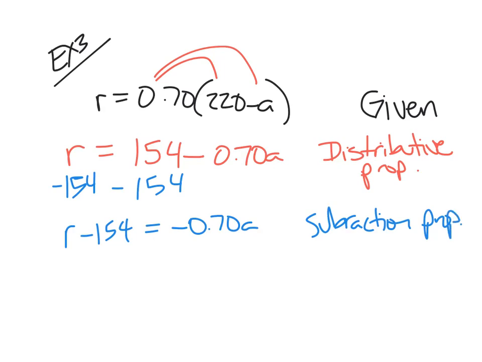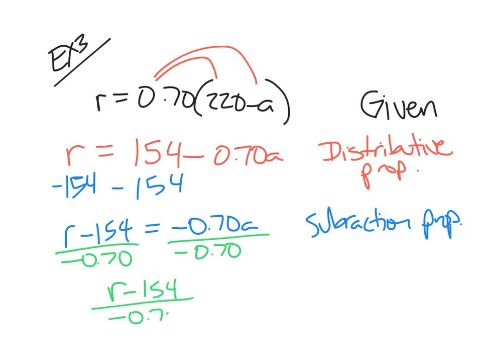Good. Okay, my last step is to do what? Yep, divide by negative 0.70. So my answer, I get R minus 154 divided by negative 0.70 equals A. And what was this property? Division. Very good.